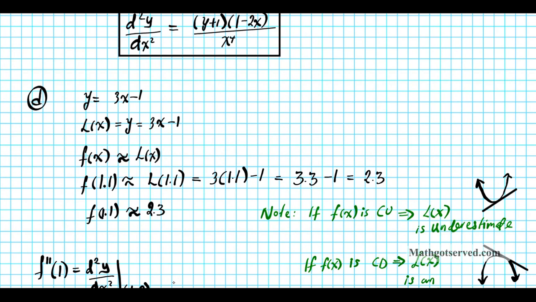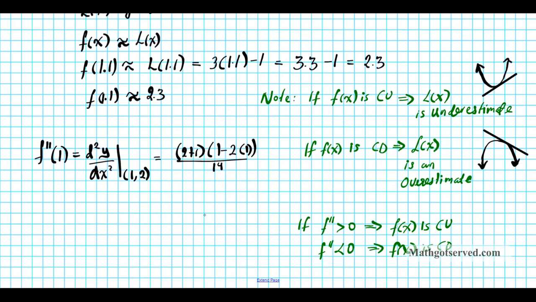All I care about actually is the sign, okay? So (y plus 1) times (1 minus 2 times 1) divided by 1 to the 4th. Let's simplify this. 2 plus 1 is 3. 3 times (1 minus 2) is negative 1, over 1.